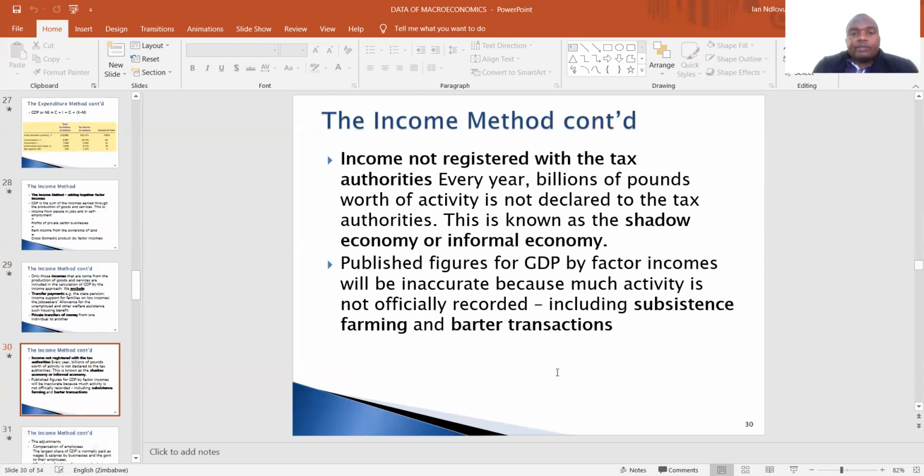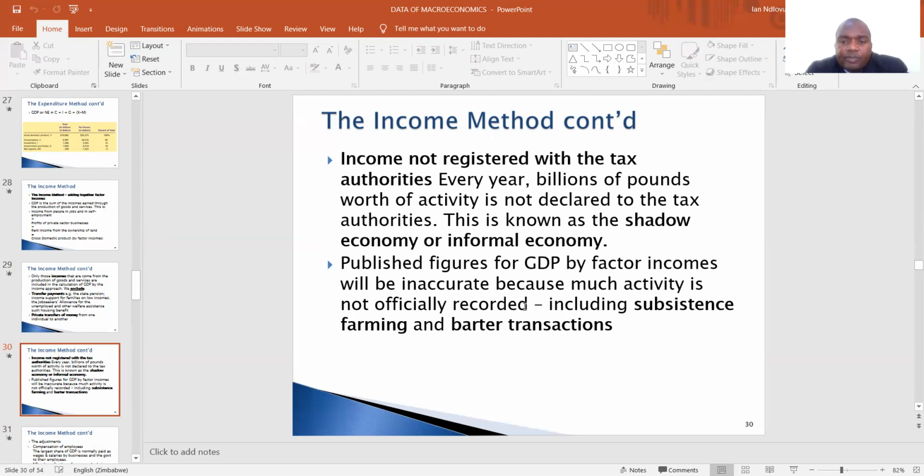And then income not registered with tax authorities, like income which is earned through the informal economy or the shadow economy, is excluded from national income statistics, not by design, but by default.